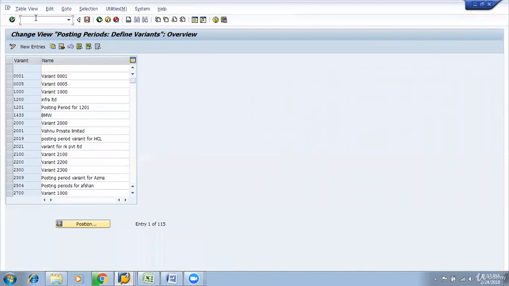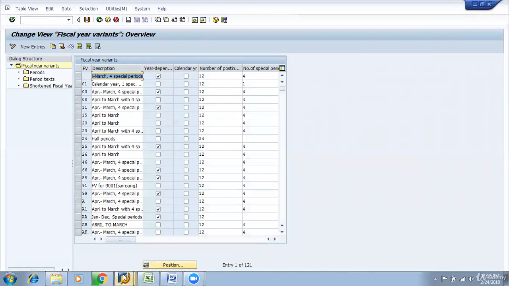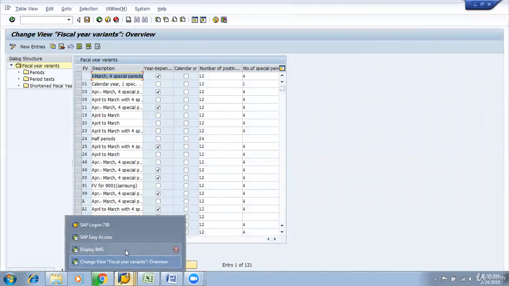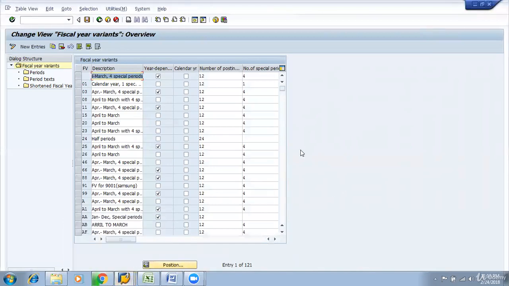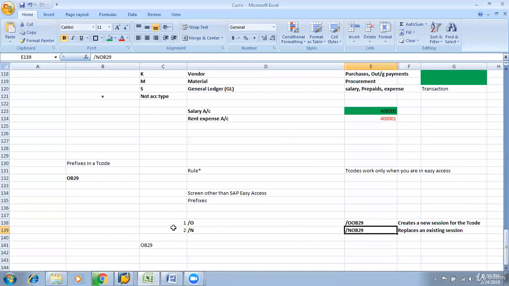Okay, let me try /n OB29. There you go. Let me show how many sessions. There are 3. So where's my OBBO? It's long gone. Understood what /n and /o do?